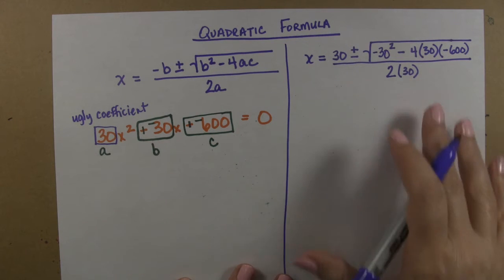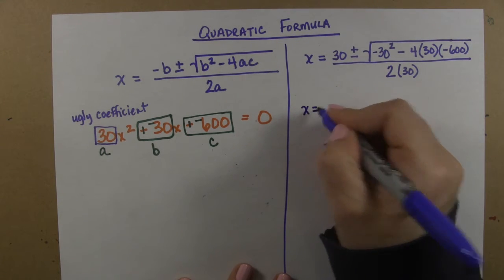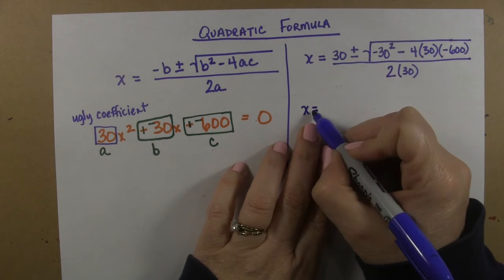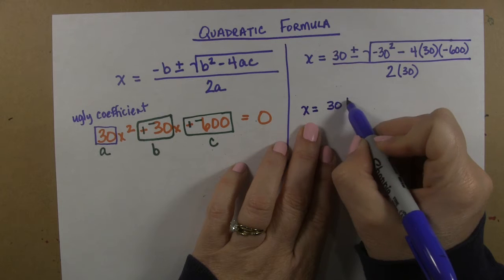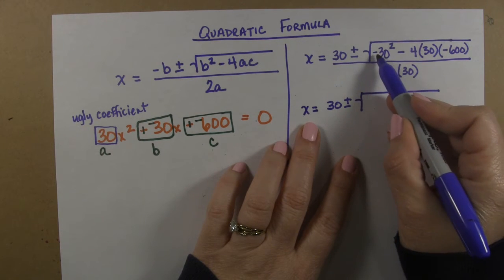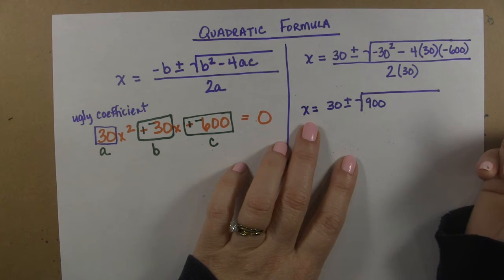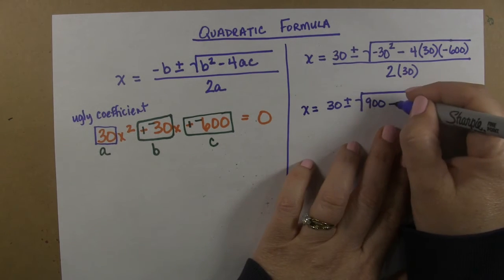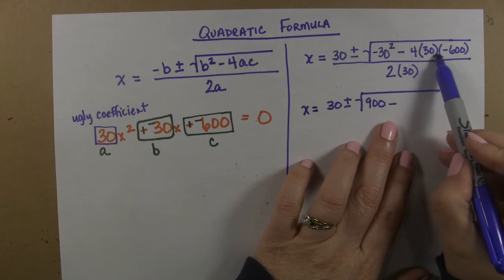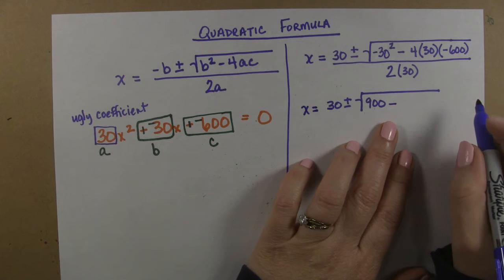So there is my quadratic equation for this with all the numbers filled in. Now, even though that looks impressive, all you have to do is do it step by step. So here it's going to be x equals 30 plus or minus, and then let's get serious about what's underneath here. Negative 30 squared is a positive 900 minus, and now I do all of this math, 4 times 30 times negative 600.